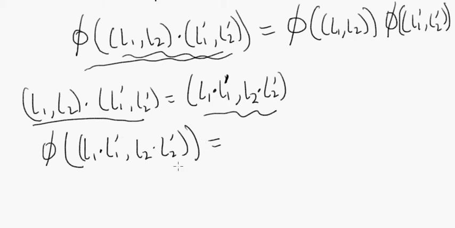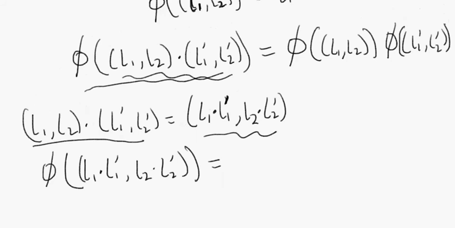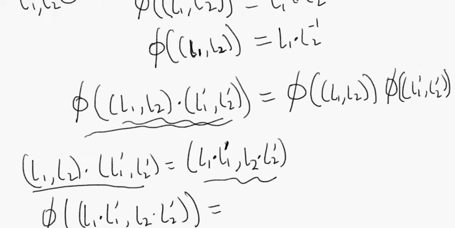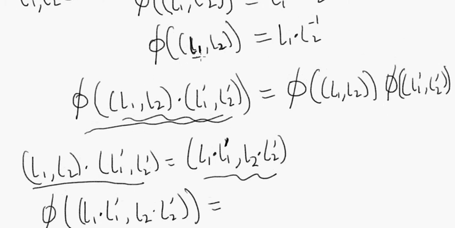Alright, so this is what we're looking at now. L1 times L1 prime. Well, what does that give us? By our formula before, we're saying that this is the same as L1 times L2 inverse, right? So the first thing times the last thing inverse.